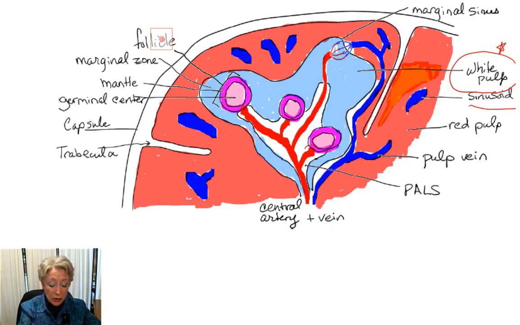The T cells will come to reside in the so-called periarteriolar lymphoid sheaths, a very descriptive term. They're right around the arterioles, and the B cells will come to make follicles outside of those regions where they will have accumulations of B cells waiting to sample the area from the blood.